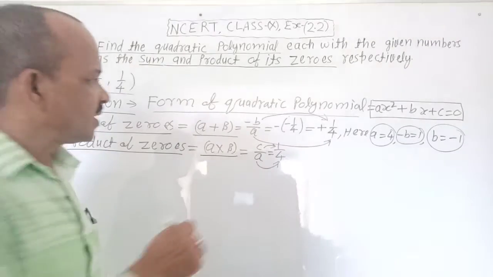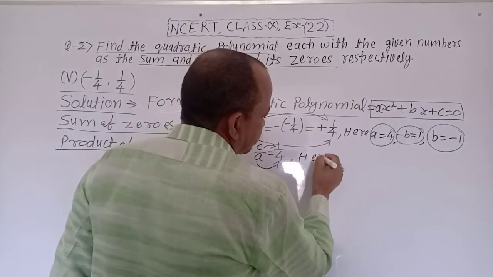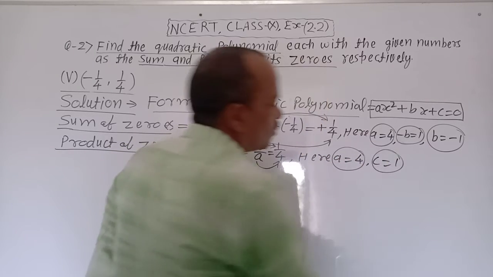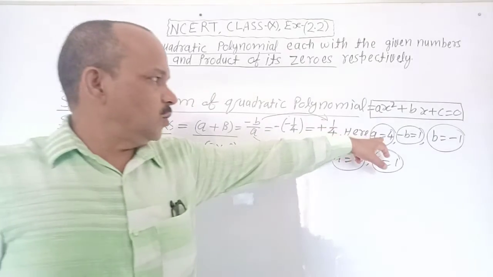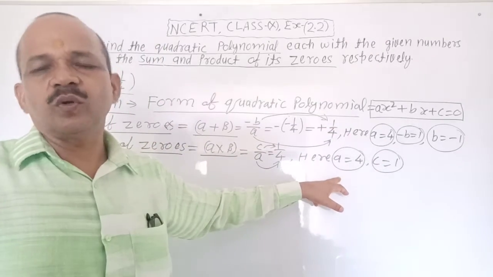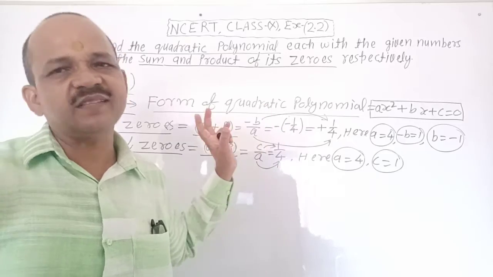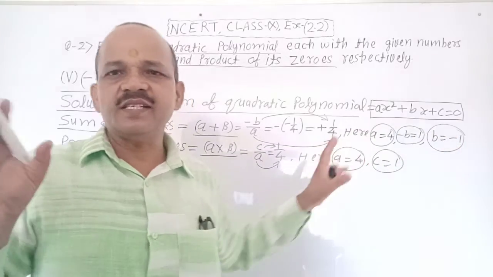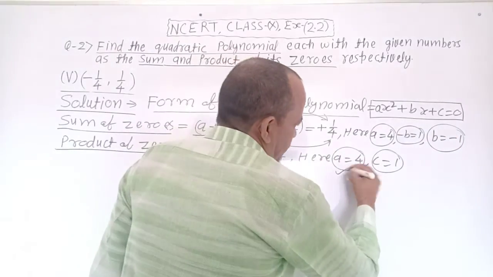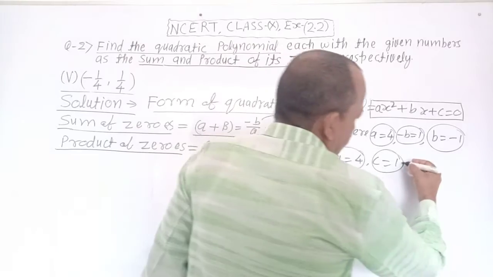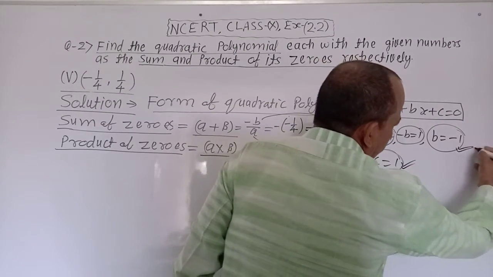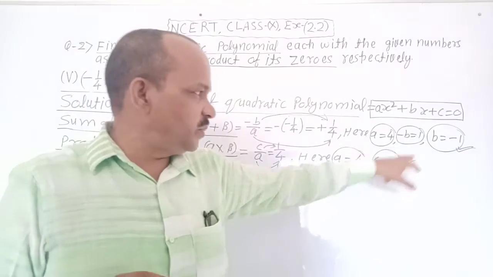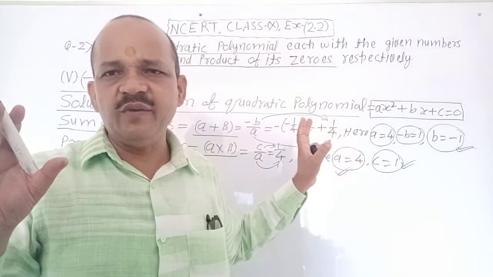It is clear? Here a equal to 4, c equal to 1. Here a equal to 4 and here a equal to 4. Both are the same. It means your process is correct. You find a equal to 4, c equal to 1, b equal to minus 1. Clear? No confusion about it?